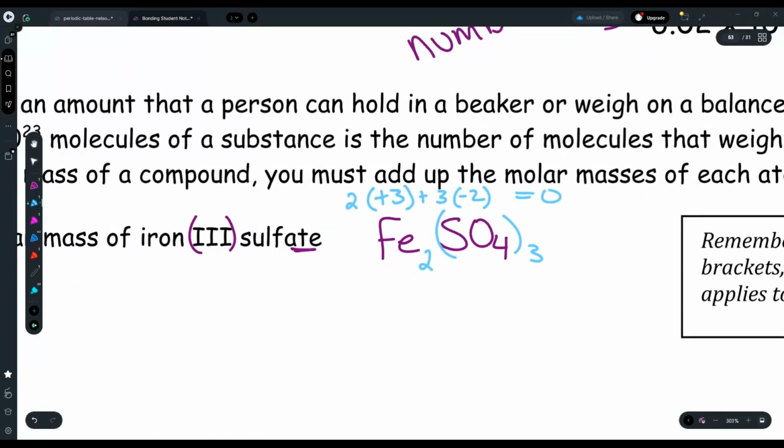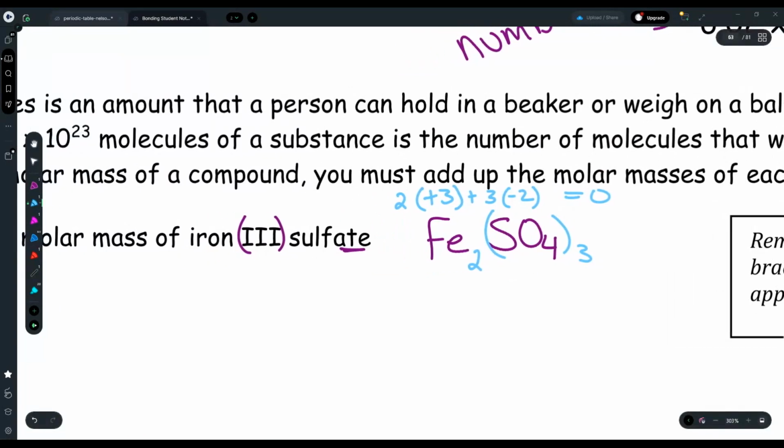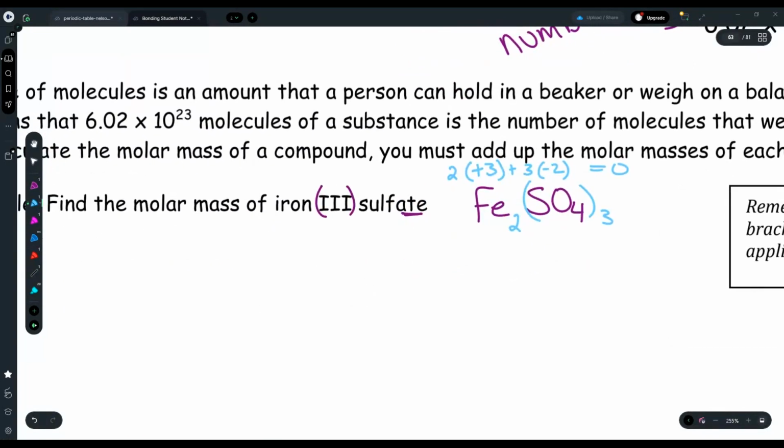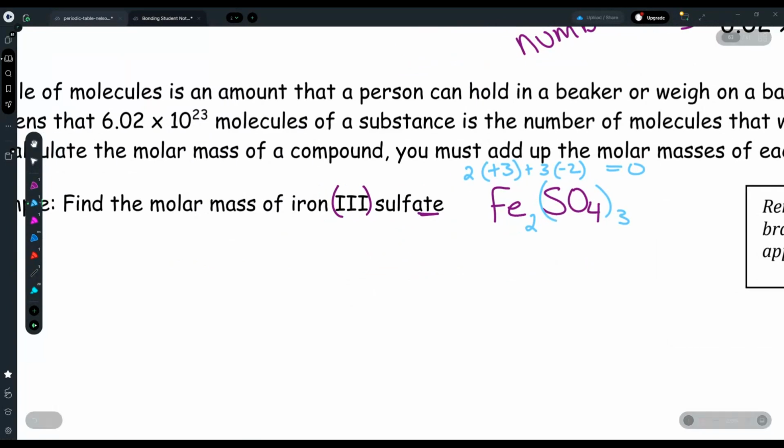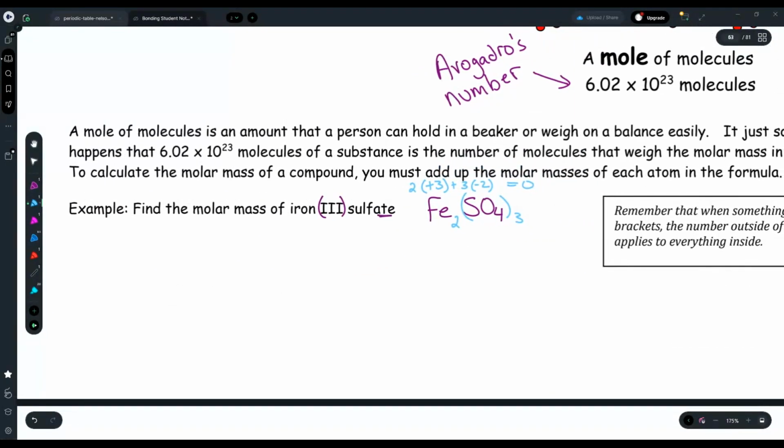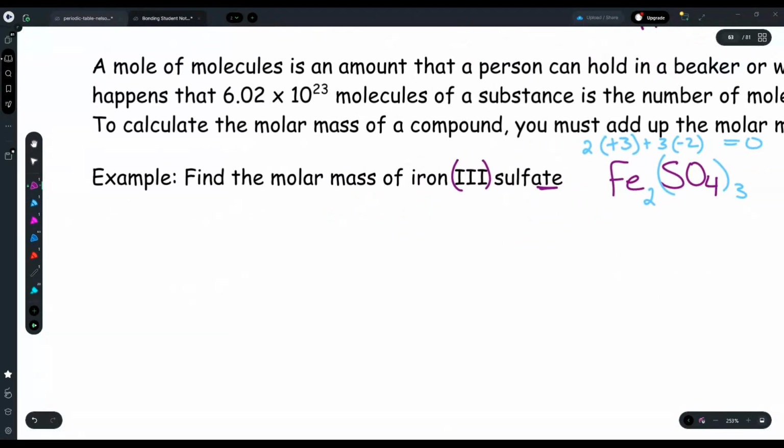Now that we have the chemical formula for our compound, we can figure out molar mass. What I like to do to start students off with helping them figure out how to calculate molar mass is build a table to organize how to find it.